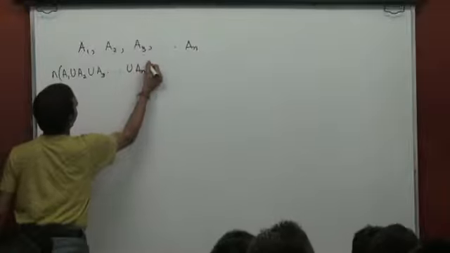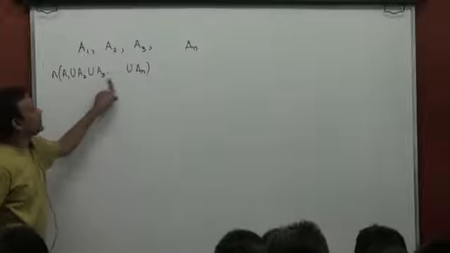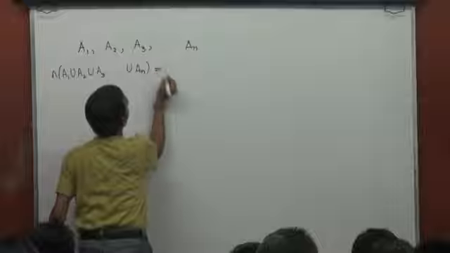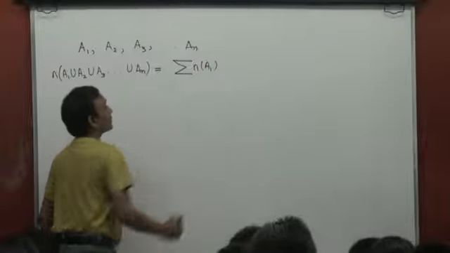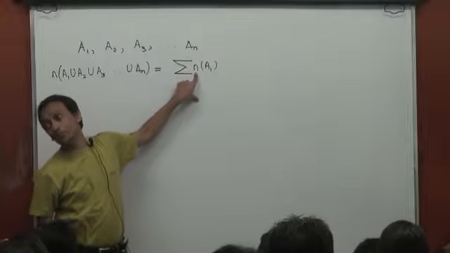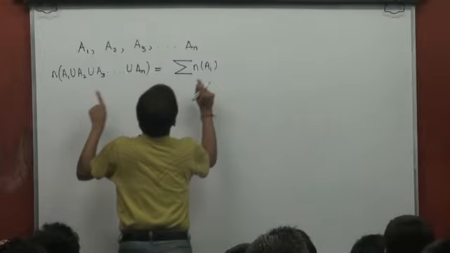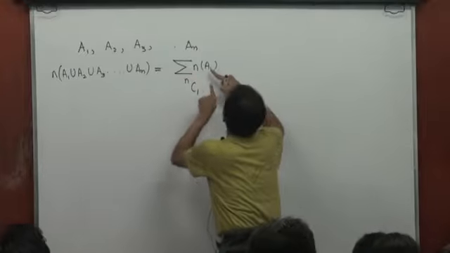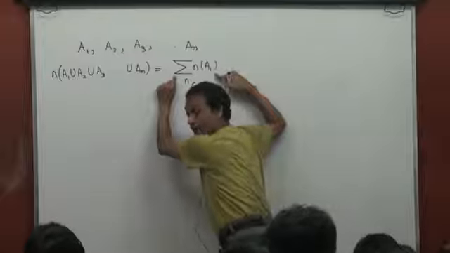Number of elements in A1 or A2 or A3 or An, A1 union A2 union A3 union An, is going to be summation NA1. So this summation would contain terms like NA1 plus NA2 plus NA3 plus NAn, right? So number of terms in this summation is going to be NC1, of n things taken one at a time, right?